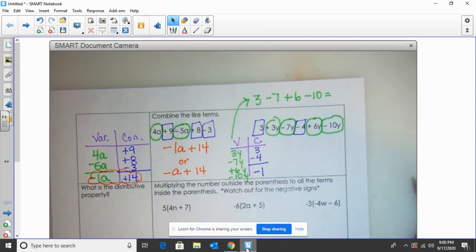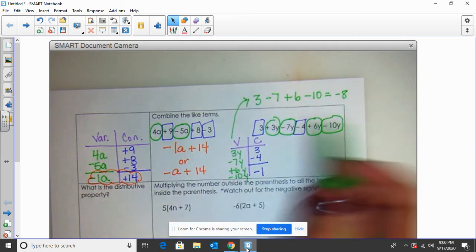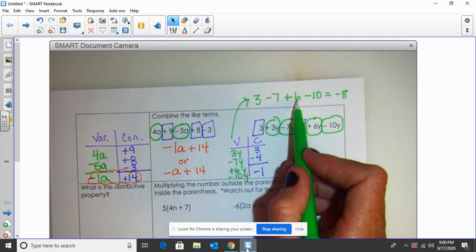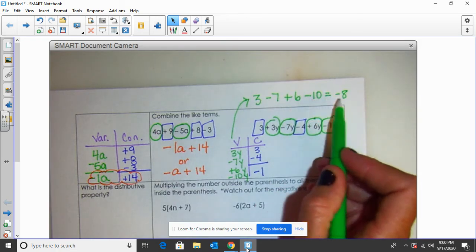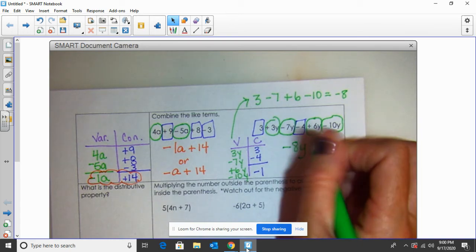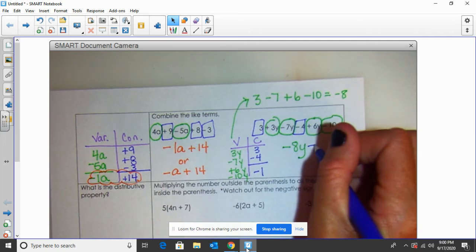Okay, so go ahead, take a minute, type that in, and you should get negative 8 if I did that correctly. So 3 minus 7 is negative 4, negative 4 plus 6 is 2, and 2 minus 10 is negative 8. So my variable terms are negative 8y, and my constants gave me a negative 1.